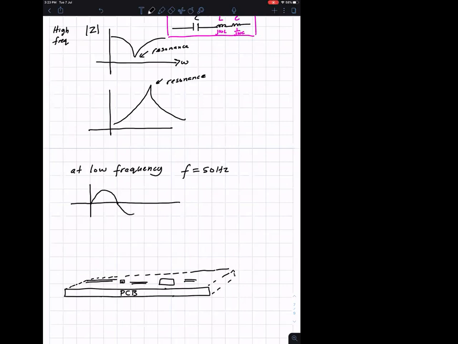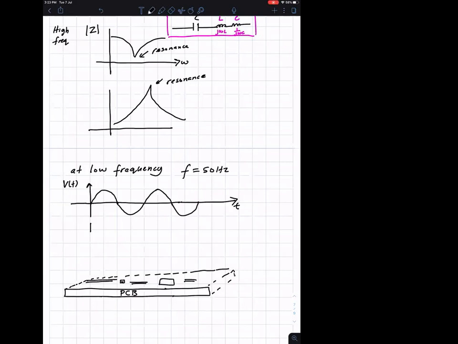Let's say this is a sinusoidal wave. Let's say this axis is the amplitude, say voltage, V(t), and this is the time axis. And this is the period.